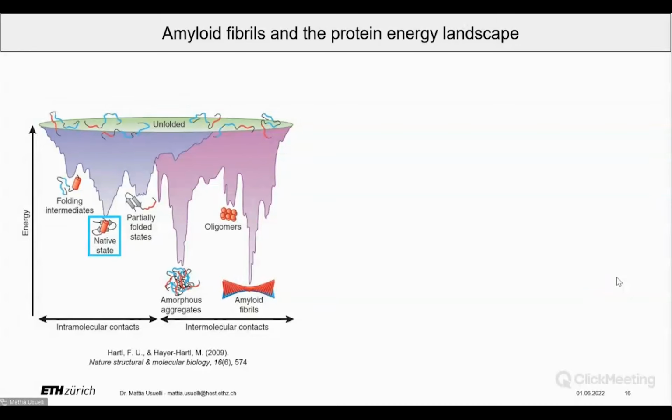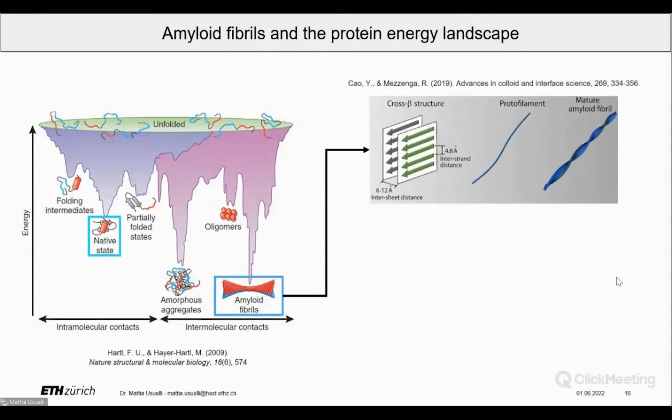But if this process does not go very nicely, or if there are other external conditions that unfold the protein and drive some processes, we can also form these amyloid fibers that, as you can see here, represent a minimum in the protein energy landscape. It means that the oligomers and the different amino acids place themselves in a configuration that is very, very stable.